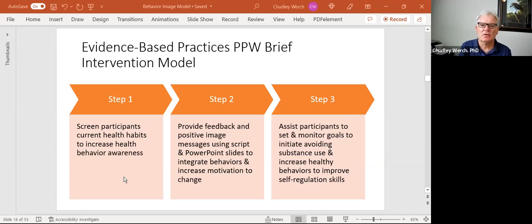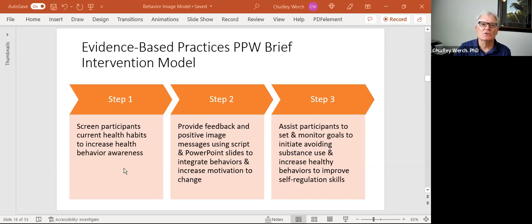Your feedback content integrates behaviors to increase motivation for change, integrating physical activity, nutrition, sleep, and stress control with avoidance of alcohol, tobacco, and other drugs. Thirdly, assist participants in setting and monitoring goals over time to increase multiple healthy behaviors and increase self-regulation and self-efficacy. So those are the three steps: screening, feedback, and goal setting.